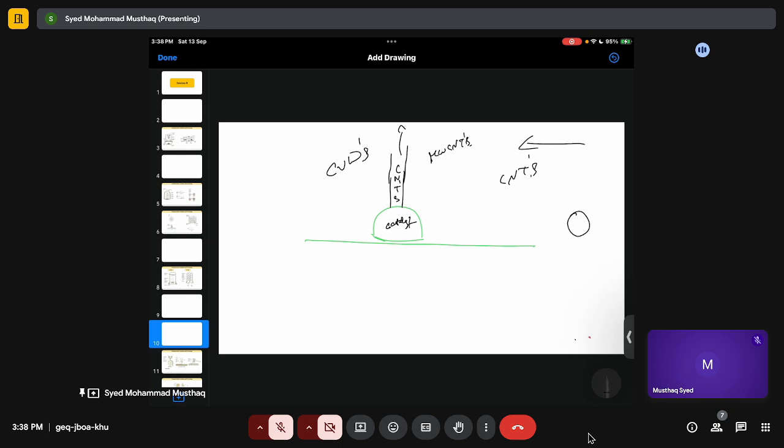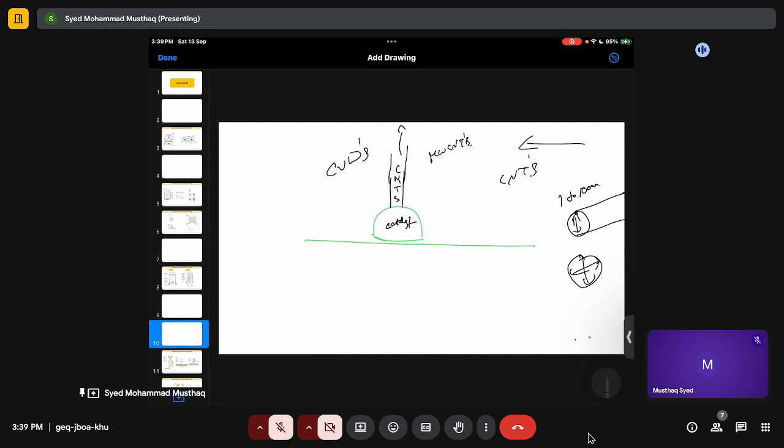Everyone knows CNTs are one-dimensional because the radius is in nanometers, 1 to 100 nanometers. So our circle has x and y axes which are in the nano range. That means one dimension is not in the nano range, so that's what we call one-dimensional nanomaterial.